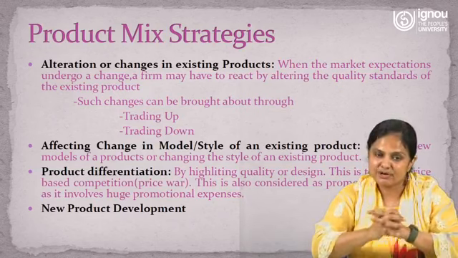Now, diversification can be related diversification or unrelated diversification. When we talk of related diversification, that means the new products that we have introduced in our product mix are related or in some way similar to the already existing products. This is the most common form of diversification. It is inexpensive and easier, that is why it is commonly used.